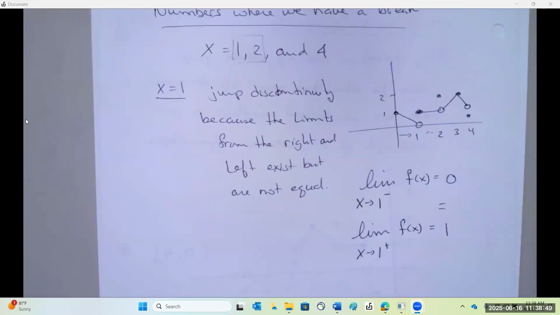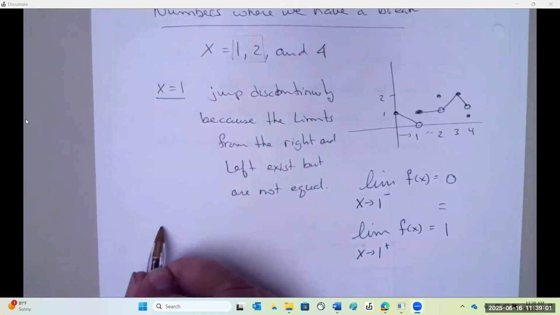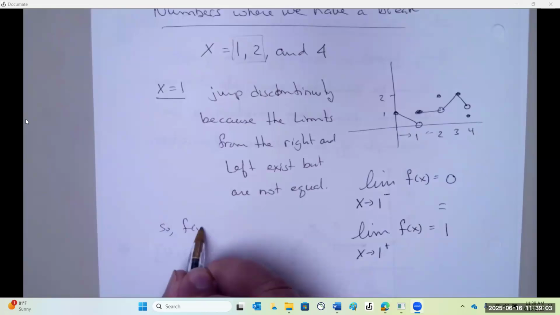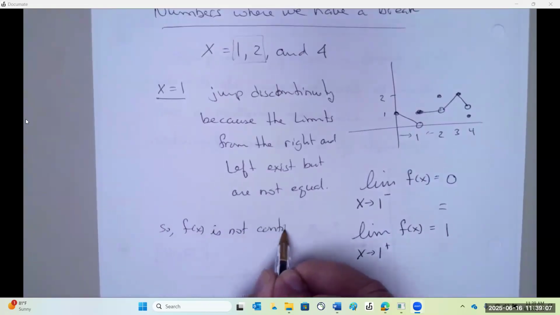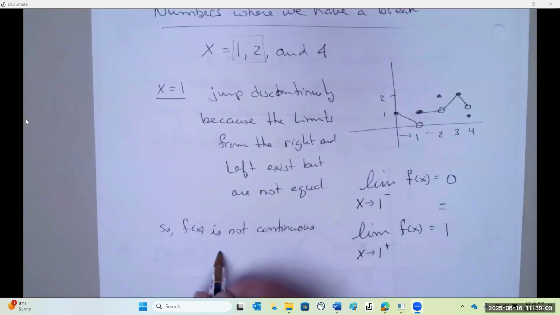They're not equal. There we have a jump discontinuity. It's a discontinuity, yes, but we put a name to it. So f of x is not continuous at x equals 1.